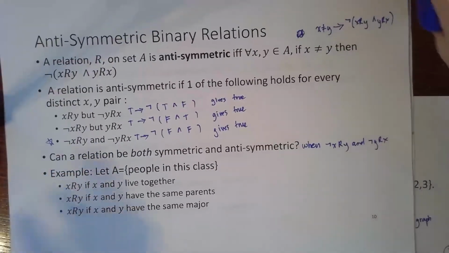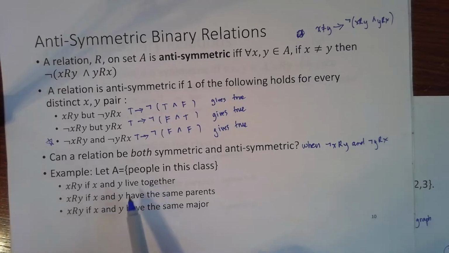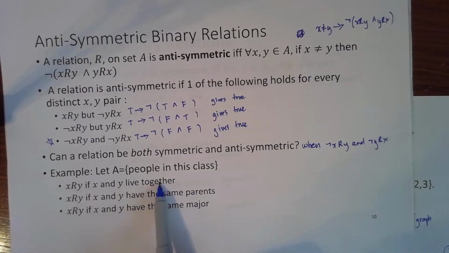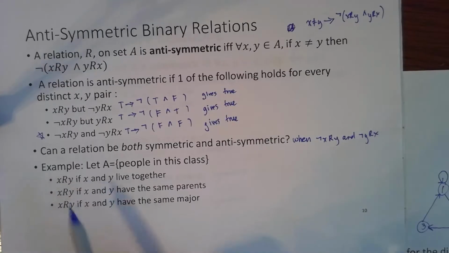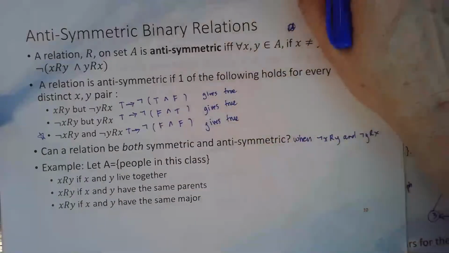Okay, so let's look again at the same. Now normally, in a class, if X and Y live together, I never have a case for every person living with themselves.